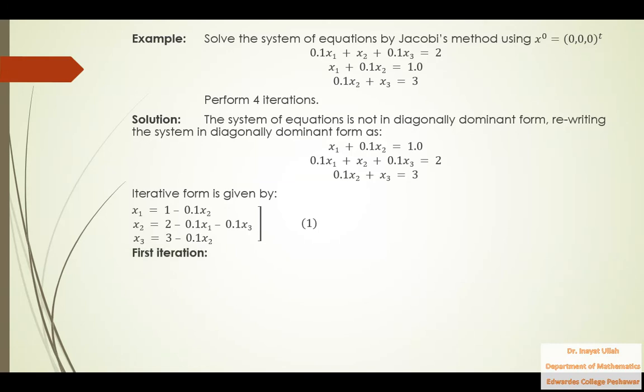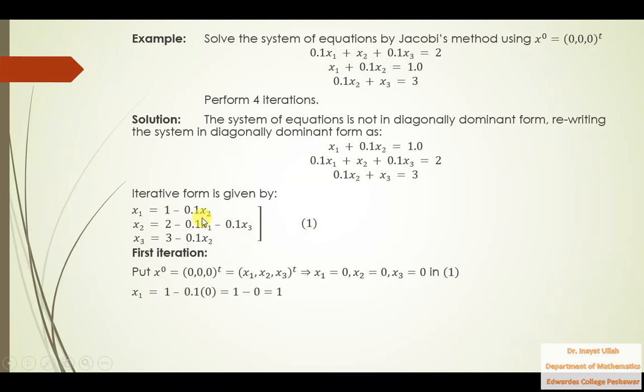Now the first iteration will be performed by using the initial guess, x naught is equal to 0 0 0. X naught is equal to 0 0 0 means compare it with the x1 x2 x3 whole transpose, we will get x1 is equal to 0, x2 is equal to 0, and x3 is equal to 0. So put all these values in system 1, these equations 1.